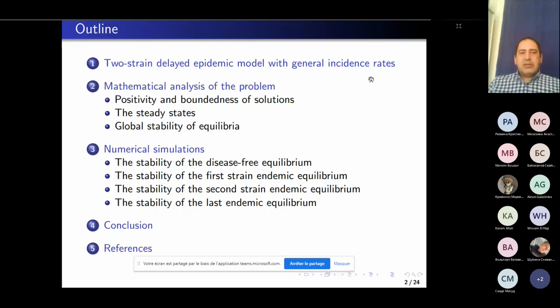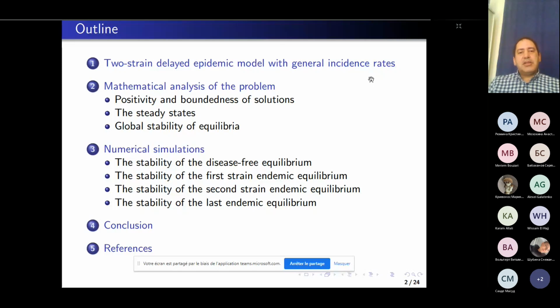I will talk about positivity, boundedness of the solution, the steady states, global stability, and the third part of my talk will be about numerical simulations, the stability of the disease-free equilibrium.